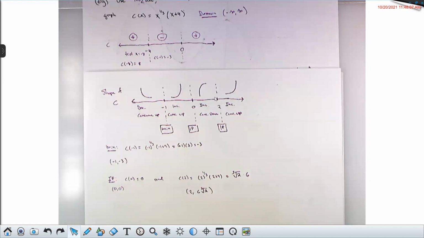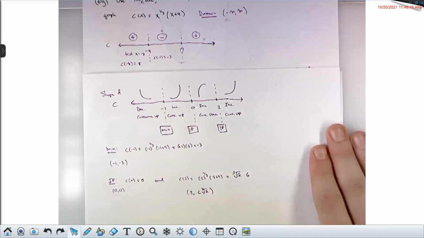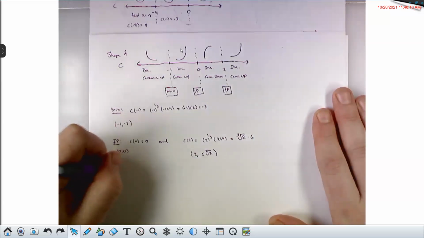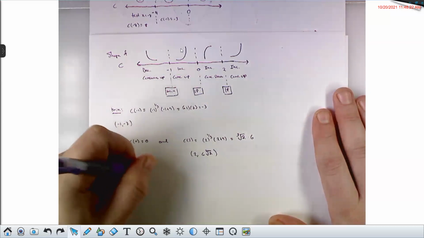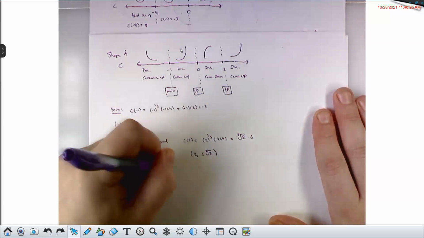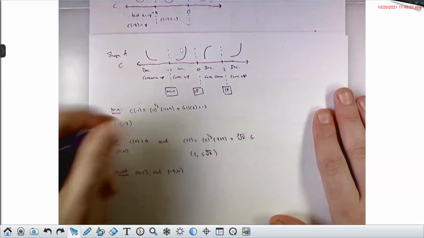What else is going on? I've got an x-intercept at -4, and this inflection point at 0, 0 is also an x-intercept. So now we're ready to draw the graph, right? One of the other things I'll say here, I've got x-intercepts 0, comma, 0, and -4, 0.